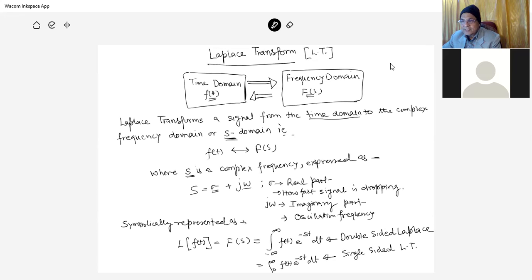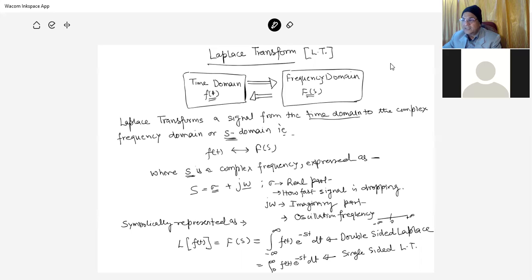Symbolically, it is represented as L of f of t. The Laplace transform of the time domain function is expressed as the integral from minus infinity to plus infinity of f of t e raised to the power minus st dt, a double-sided transform. Double-sided means minus infinity to plus infinity.